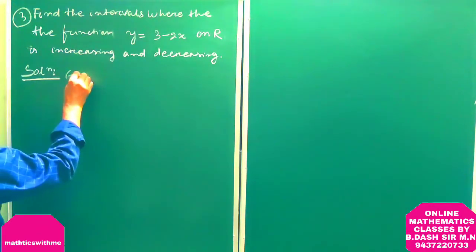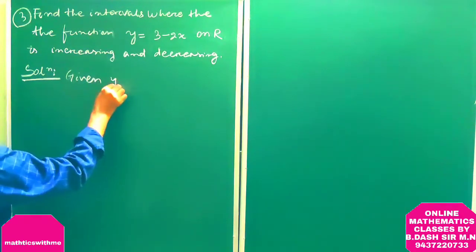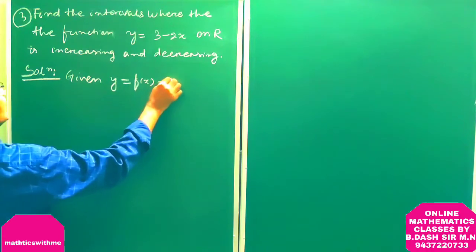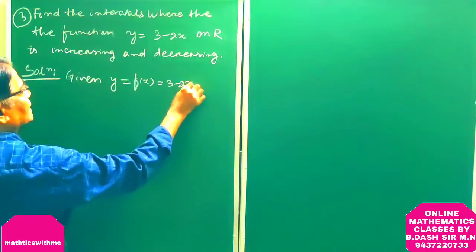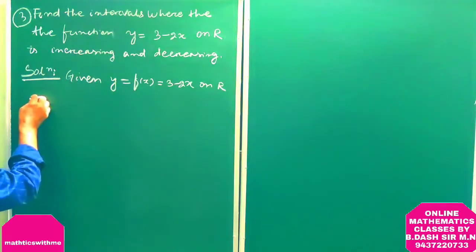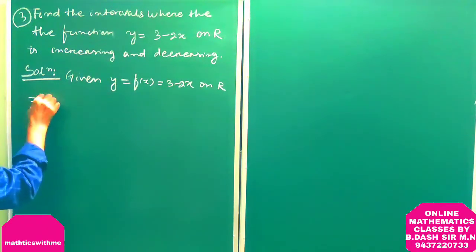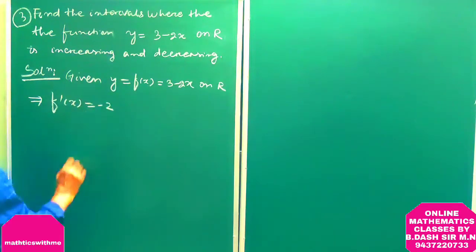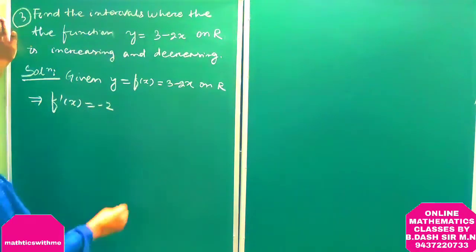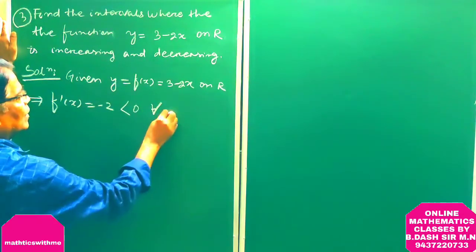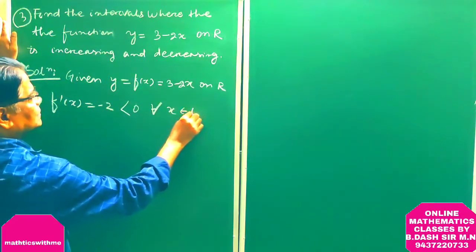Given y = f(x) = 3 - 2x on R. This implies f'(x) = -2, which is less than 0 for all x belonging to R.